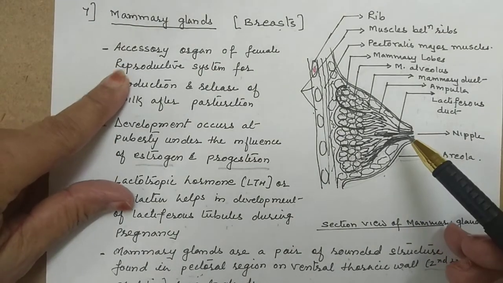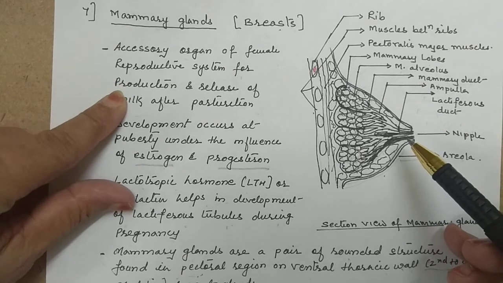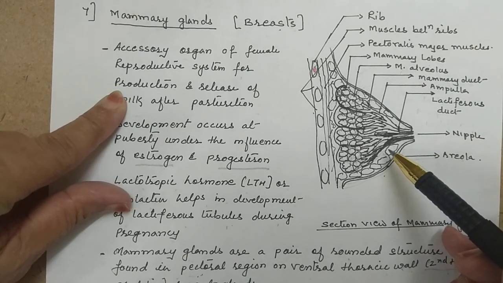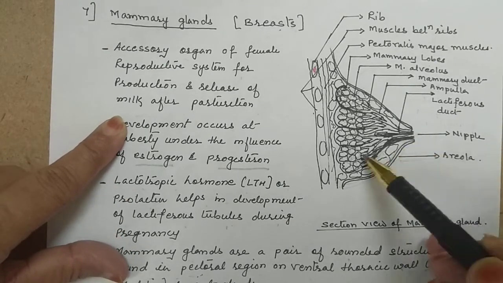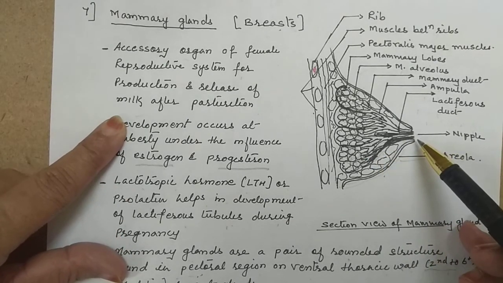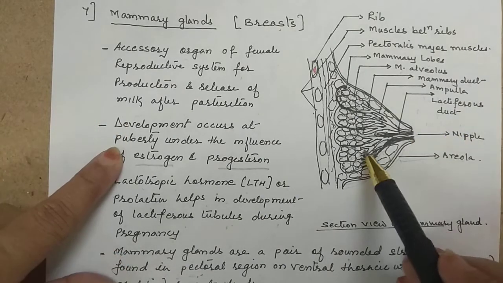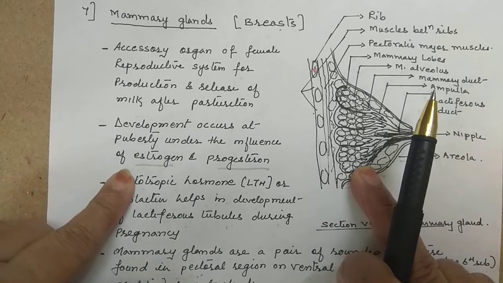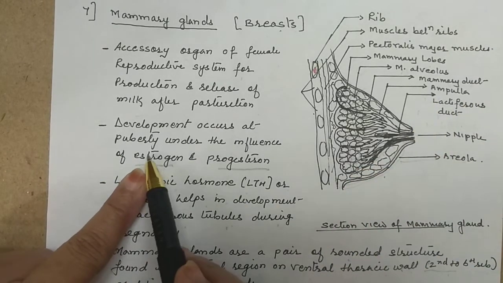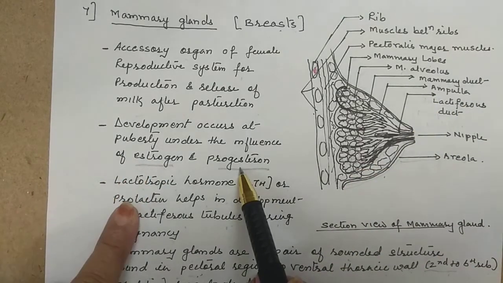It is an accessory organ of the female, related to the production of milk after parturition. When the baby is born, it starts releasing milk to feed the baby. The development of the breast takes place at puberty under the influence of the hormones estrogen and progesterone.